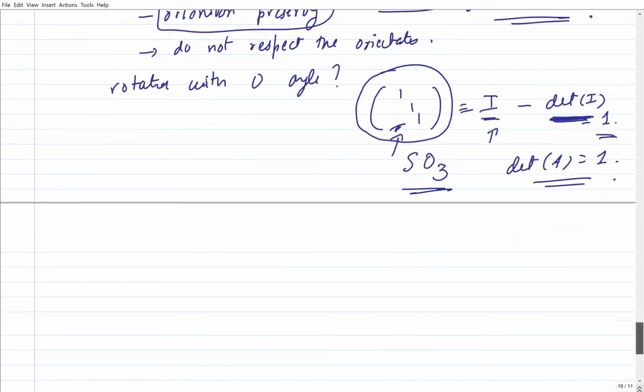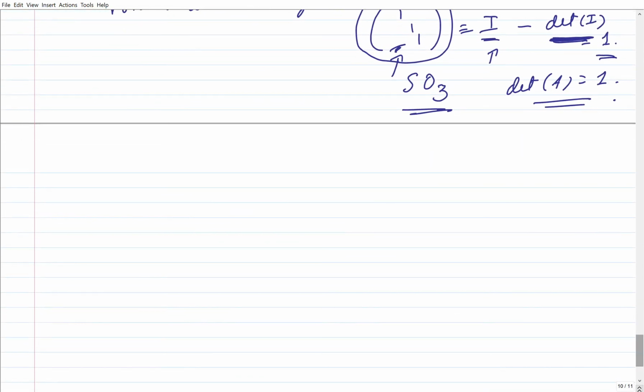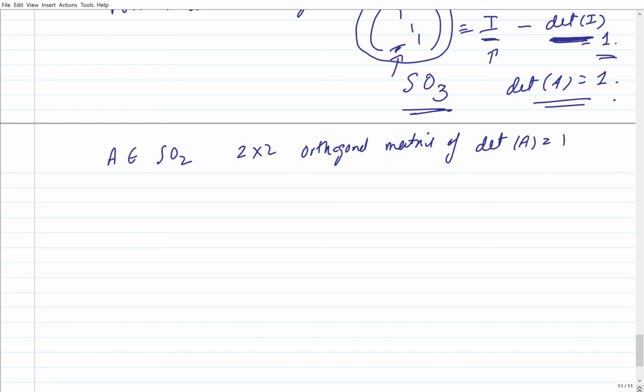You can also prove this conversely. These are all equivalent statements, which is very clear. Why should I consider any matrix, an element of SO2, 2 by 2 orthogonal matrices of determinant 1?